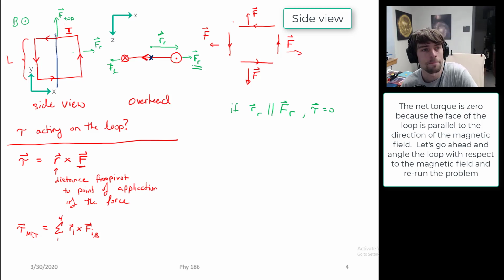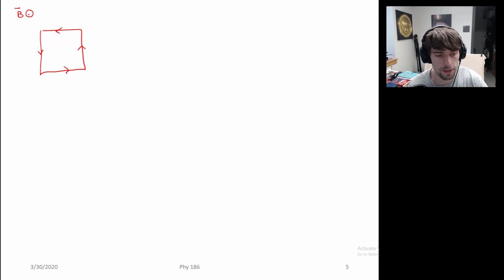Okay. So let's take the same idea, except I'm going to change it just a little bit. We'll still have the loop of wire. We'll still have the current running counterclockwise. We'll still have the magnetic field out of the board. Now the difference is, and it's hard to draw from the overhead view, we'll still have that pivot point.